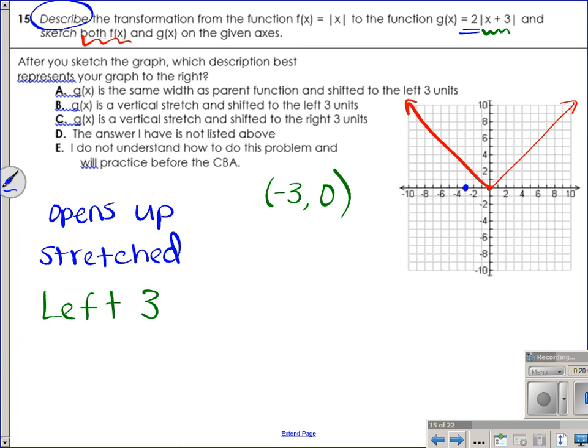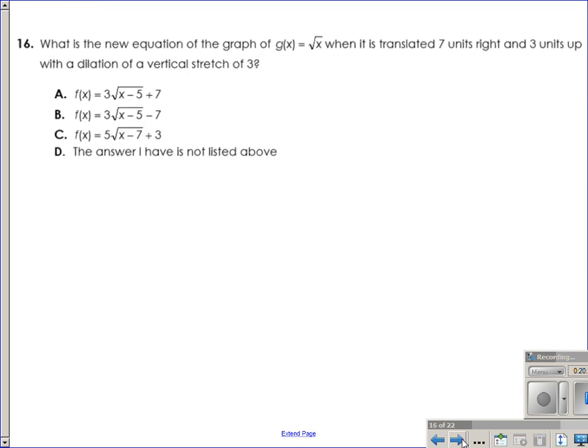Stretched by a factor of 2, so that means it should be twice as narrow, so thinner. So when I draw this, I'm going to make sure that I'm clearly drawing it to be twice as narrow. So it should look something like that. Okay? Make sure that you have a description in words of what's happening and that you've graphed both of the functions.